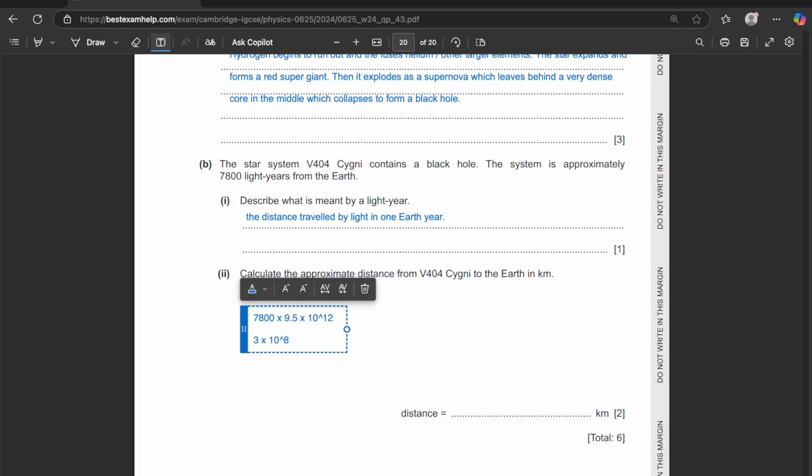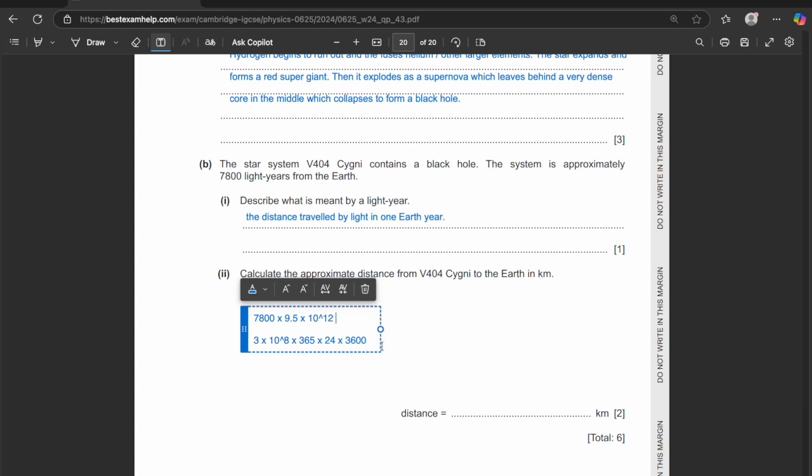This is the distance, this is the speed of light, and because it's 1 Earth year, we have to calculate for 365 days, 365 times 24 hours times seconds. So this whole value will be equal to 9.5 × 10^15 meters, because this is in meters.